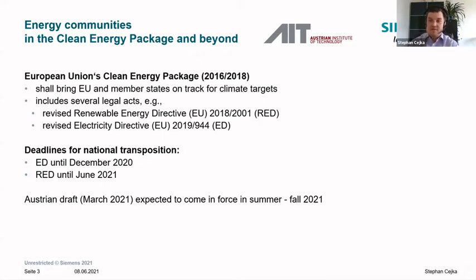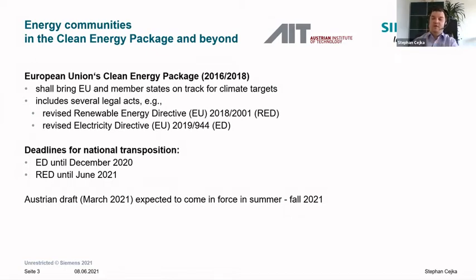These directives need to be transposed into the national law of all European Union member states, and some deadlines have already passed: for the Electricity Directive in December 2020, and for the Renewable Energy Directive, the deadline will be very soon, end of June of this year.